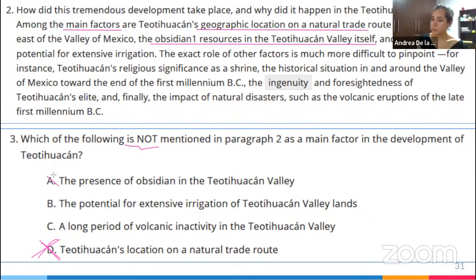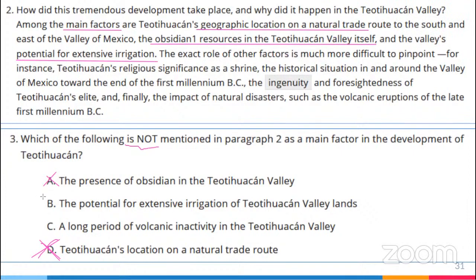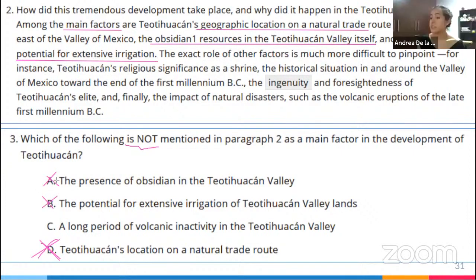So it's not A either, because A is mentioned. And the valley's potential for extensive irrigation. Do we have an option that says the same? Letter B. Always checking, because many times you have traps. It will look like it says the same, but it doesn't.